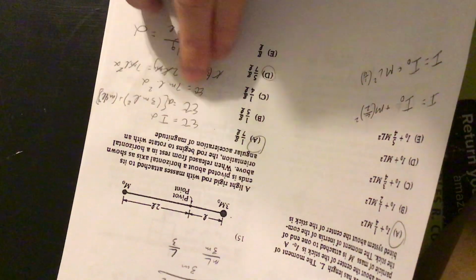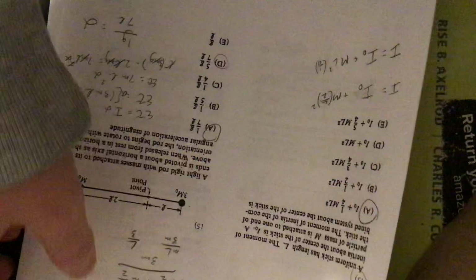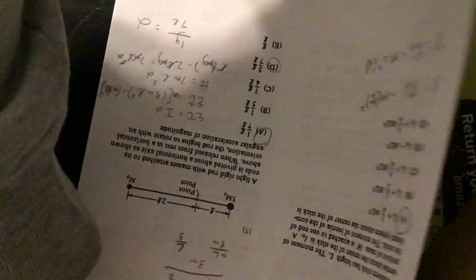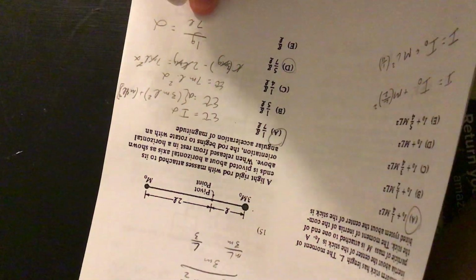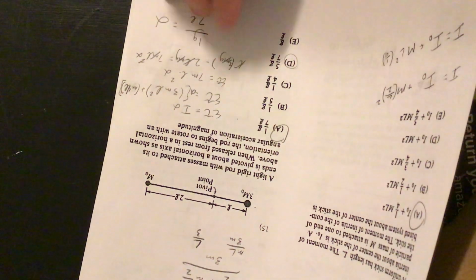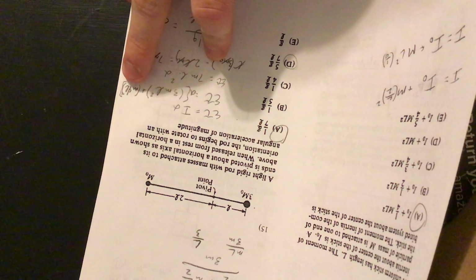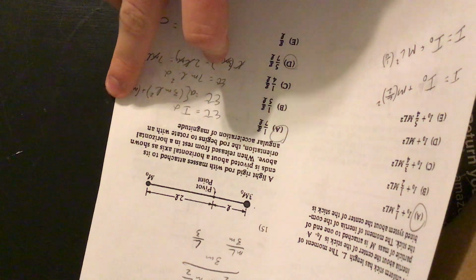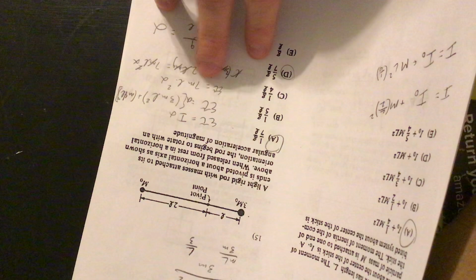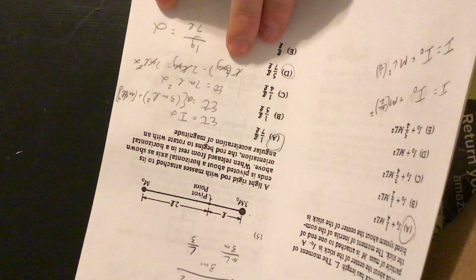Alright, so 15. So the torque equals moment of inertia times alpha, the angular acceleration. So moment of inertia equals 3 ml squared plus m 4l squared, so that comes out as 7ml squared alpha.